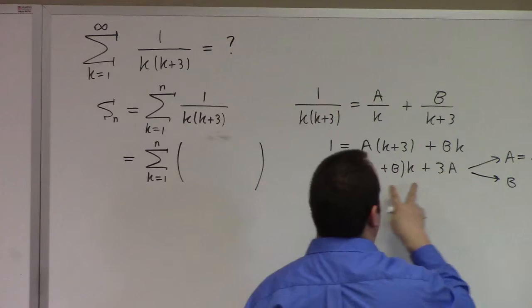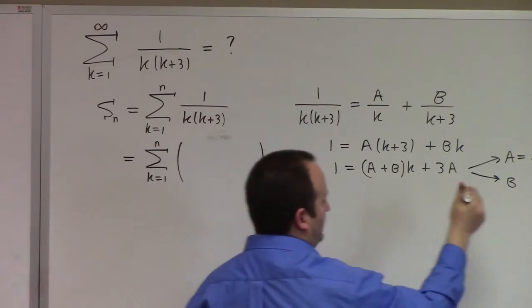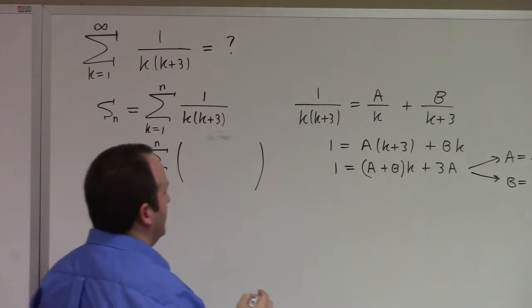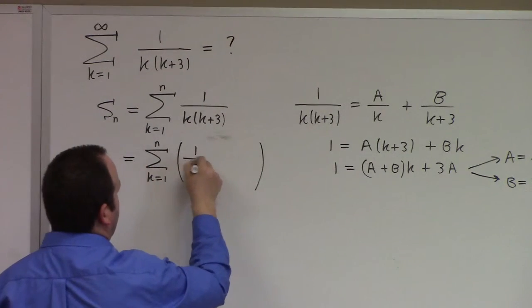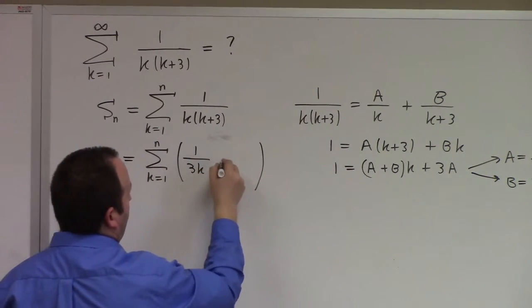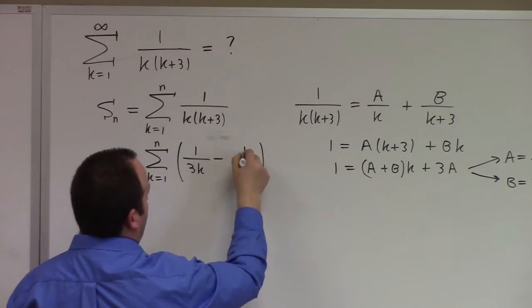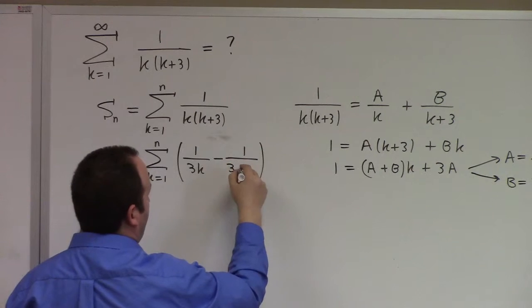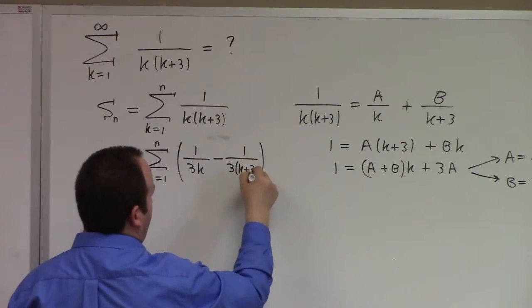B must be negative 1/3. Okay. So that means we've got 1/3k minus what? 1/3 times k plus 3.